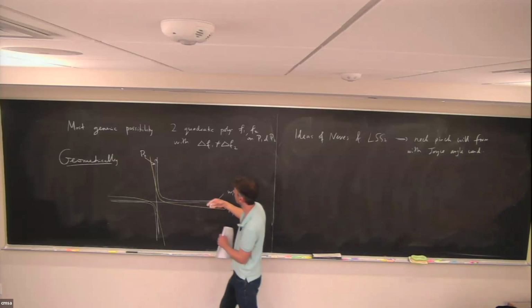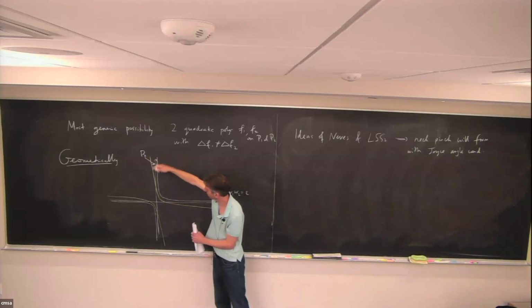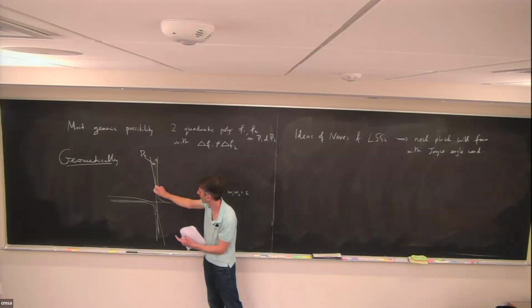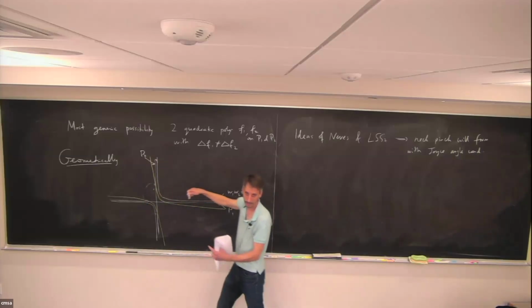So the idea is that suppose that you start with this kind of Lagrangian surface. Remember, it's really like a circle bundle over this. So you can imagine that there is something like that.